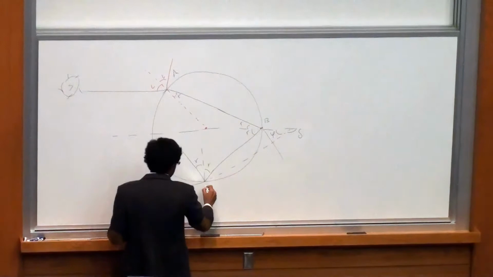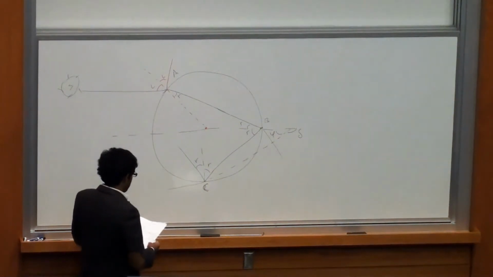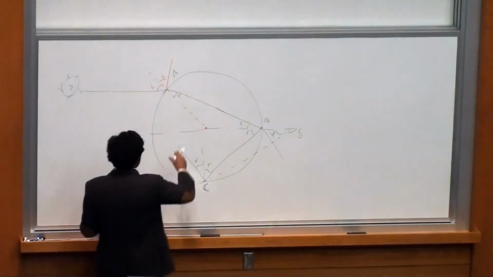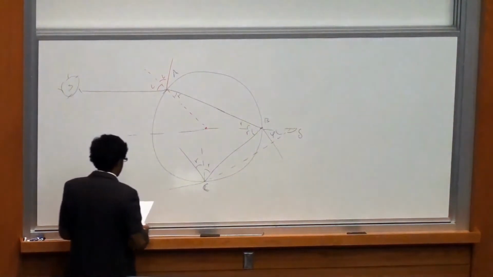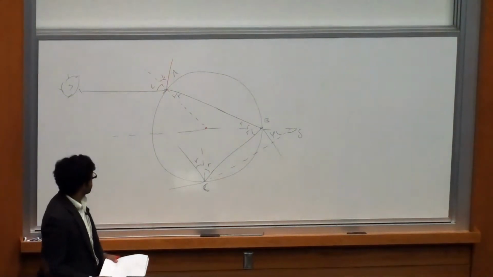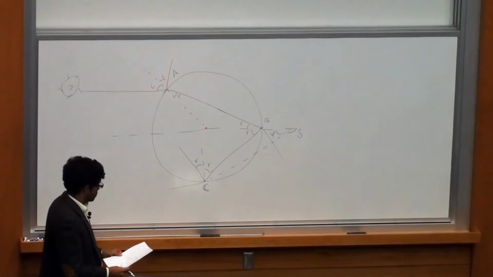And this point B, this is point C. So over here the direction of light has changed by an angle phi, and this follows from Snell's law, right? Basically the whole geometry so far follows from Snell's law.